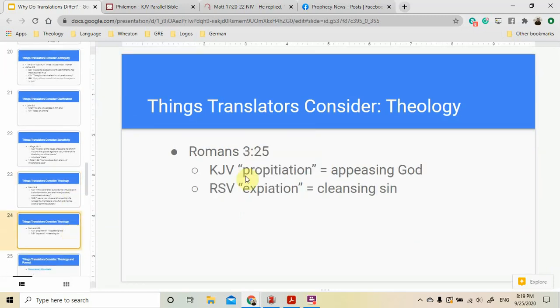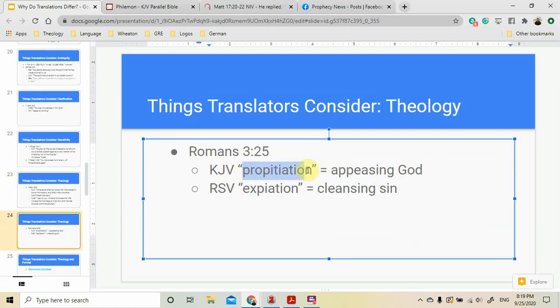Another example, in Romans 3:25, the King James translates it as propitiation, and the RSV translates it as expiation. Propitiation is something that appeases God, and the RSV thinks that this is too much of a pagan idea of God, so they translate it as expiation, which has to do with us being cleansed from our sin.